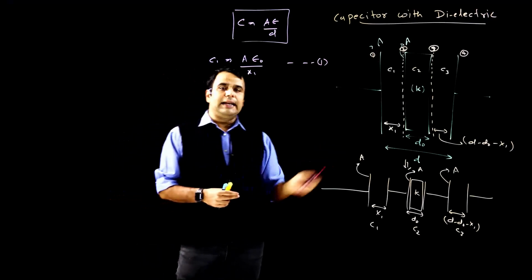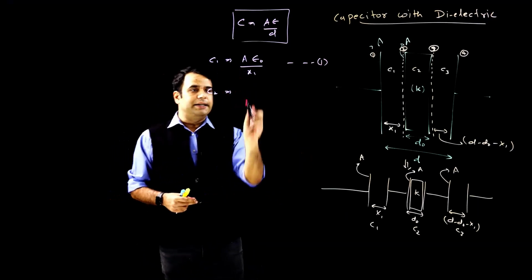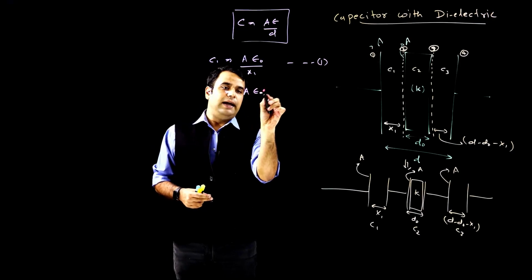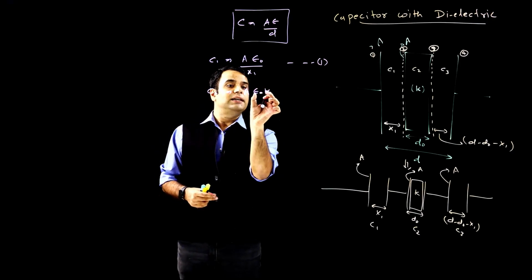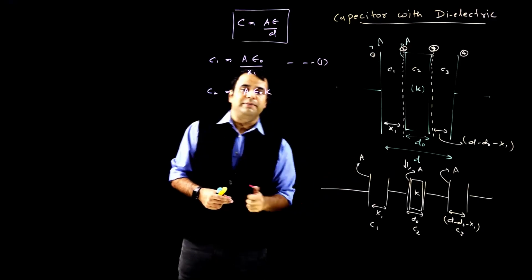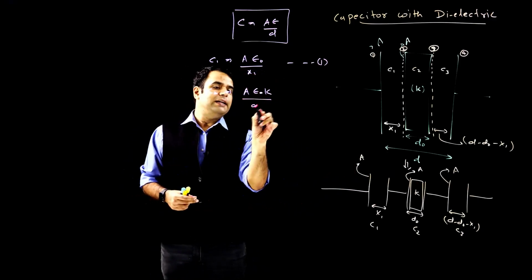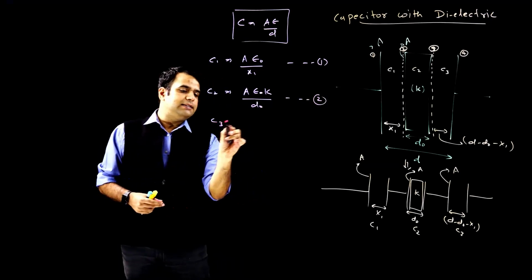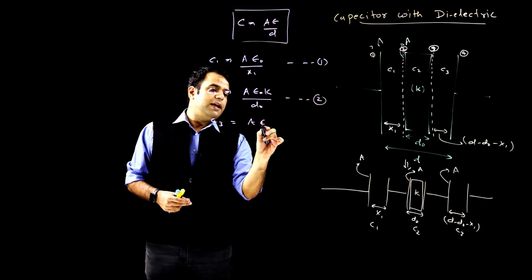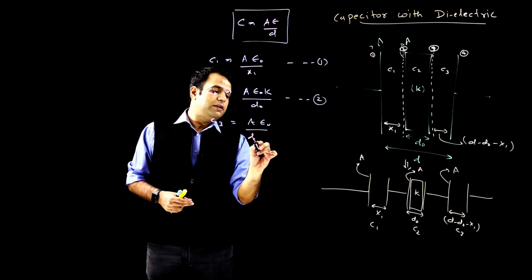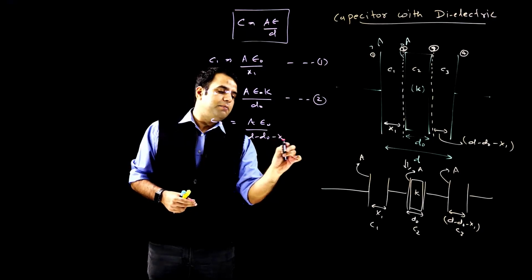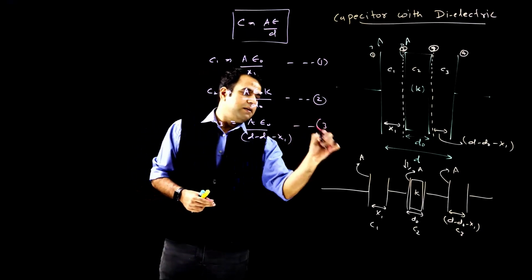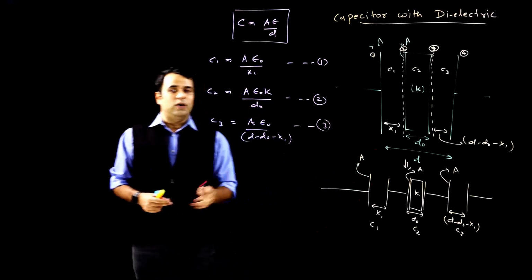C2, the second capacitor, is completely filled by the dielectric. So it will be A epsilon naught K, because this is the permittivity of this medium, divided by D0. This is the second one. And C3 will be equal to A epsilon naught upon D minus D0 minus x1, because the third capacitor has only air inside.